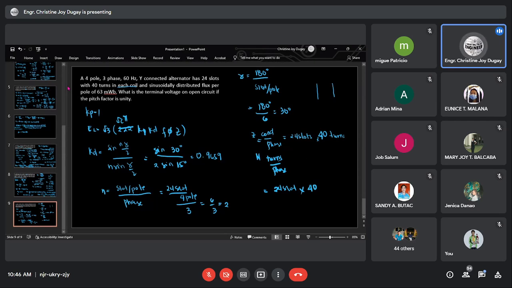Kung 40 turns, ayan, 40 turns sa isang coil, times 2 natin yan. Tama? Yes po. But times 2 ma'am, kasi sa slot yata yung conductor per slot. And then, i-divide natin siya ng 3 phase.